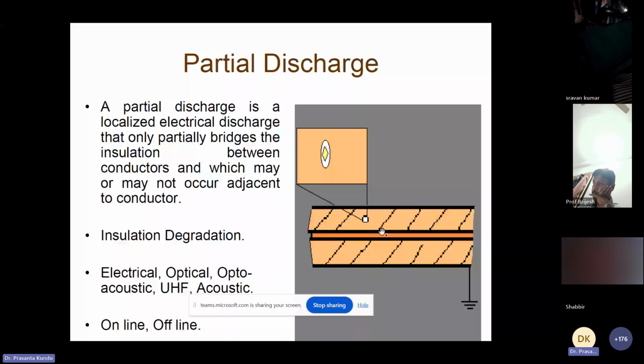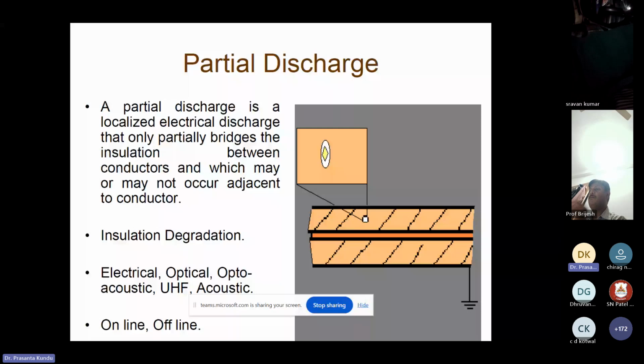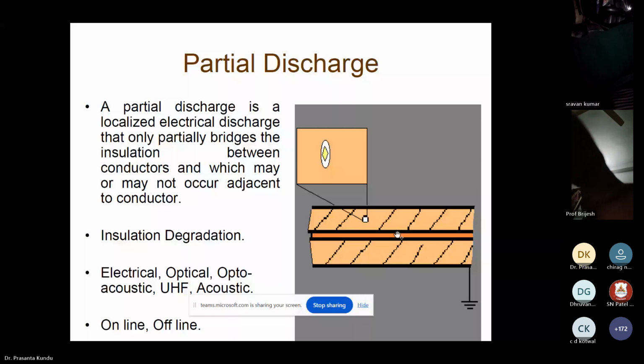Then the stress distribution and voltage distribution will also be different based on their permittivity, distances, and thicknesses. So that is one way of unequal voltage distribution.